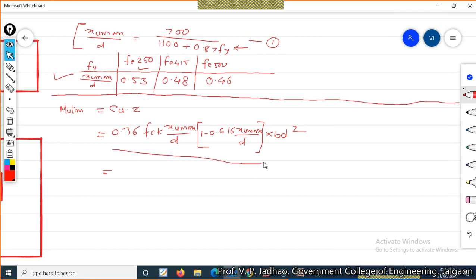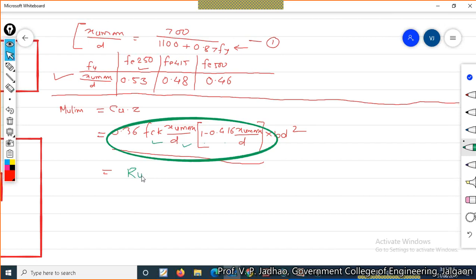Okay, we can consider this particular value as a constant, because Xu max upon d is constant, 1 is constant, 0.416 is constant. Let us consider this constant as R, Ru limiting.